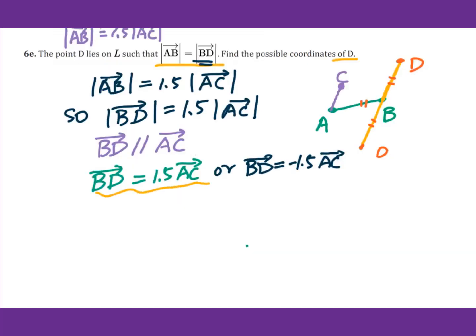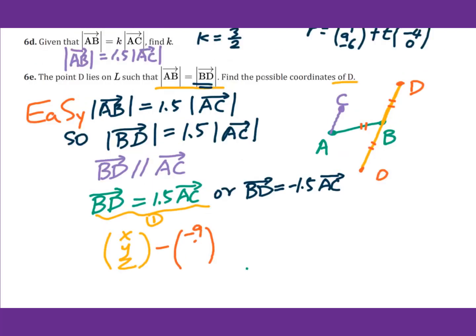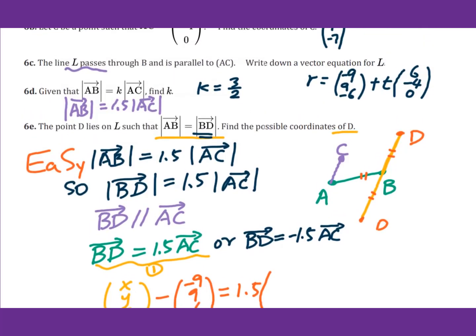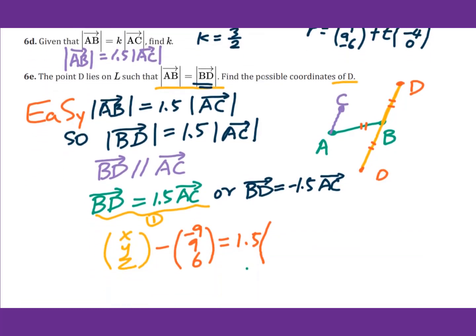For the first one, suppose the coordinate for D is (x, y, z). Using the easy way, ending minus starting, you minus the coordinate for B, that is (negative 9, 9, 6), equals 1.5 times AC, which is given to you, that is (6, negative 4, 0).